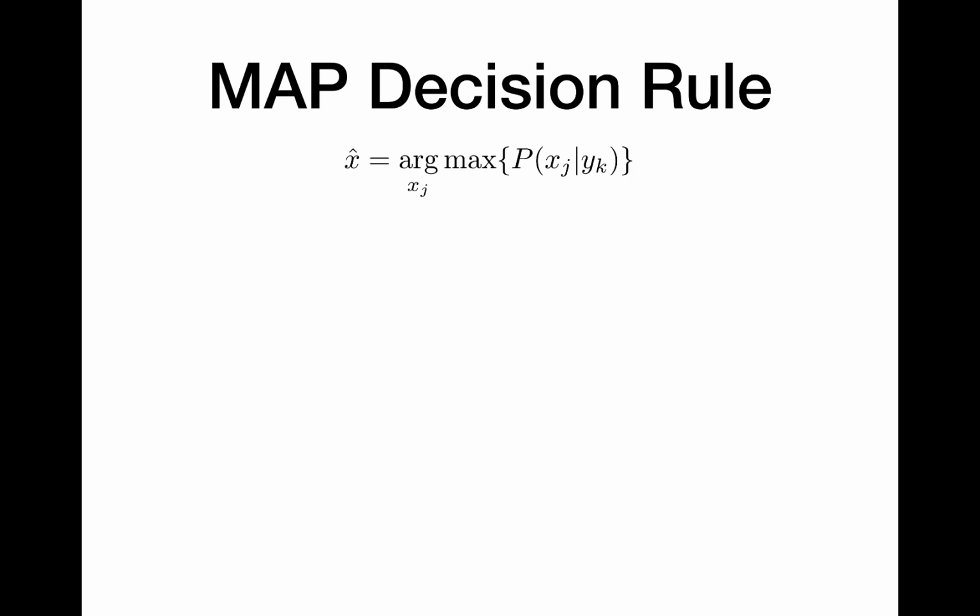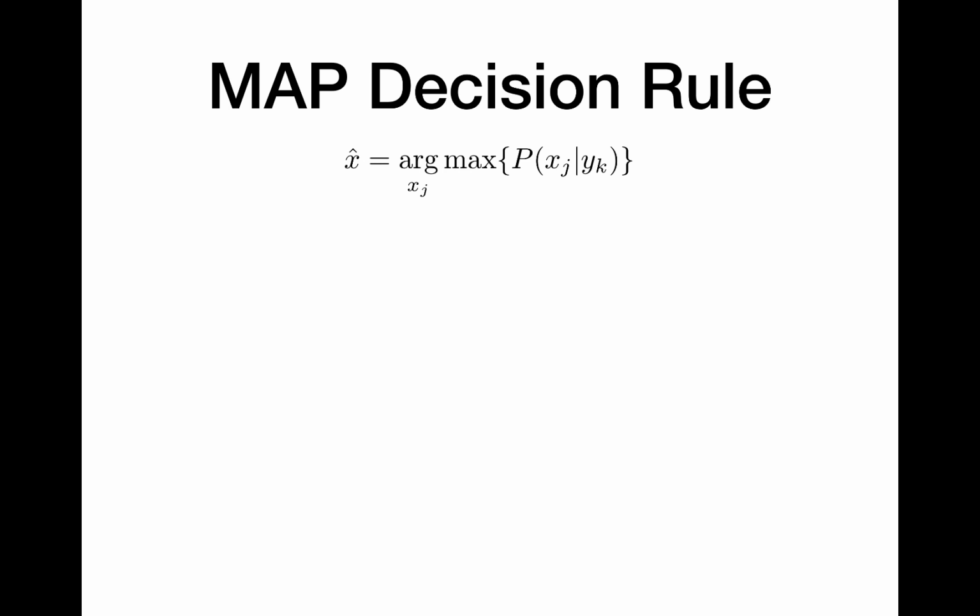So this is the maximum a posteriori probability decision rule. As you saw in the lectures, this decision rule actually tries to estimate what the input was given you observe something at the output, and it tries to make that estimate optimum.